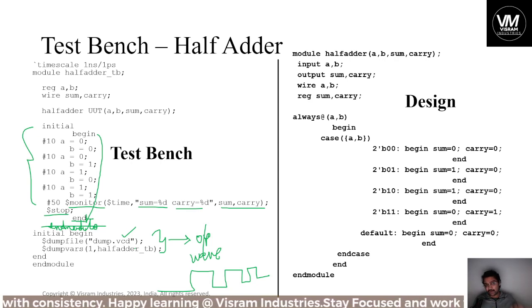In a server kind of environment, if you write these two things in the initial block, $dumpfile and $dumpvars, this dump.vcd will show the output waveform.